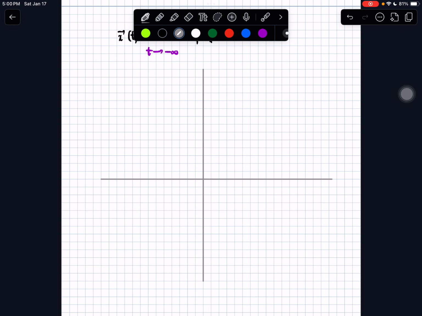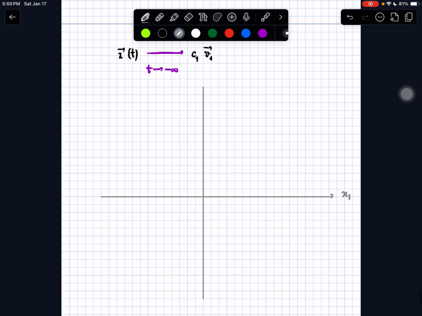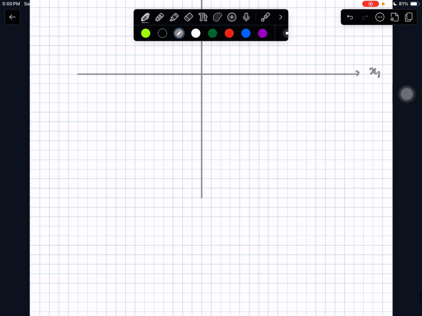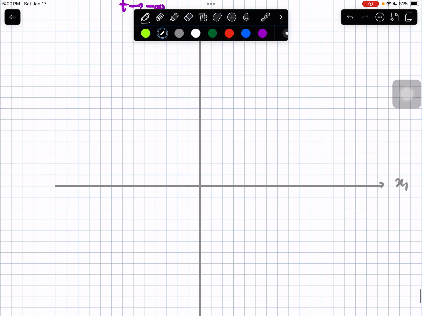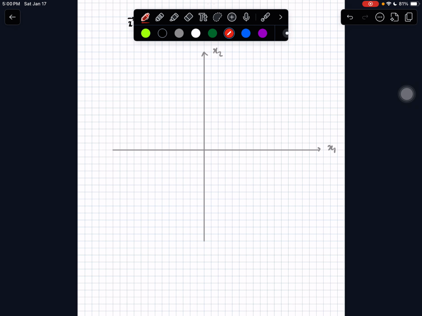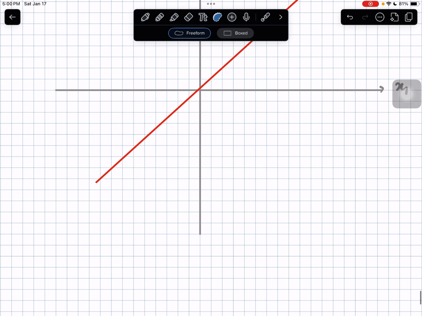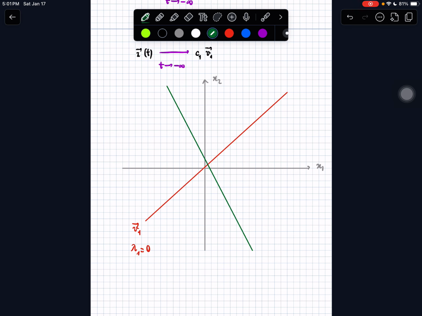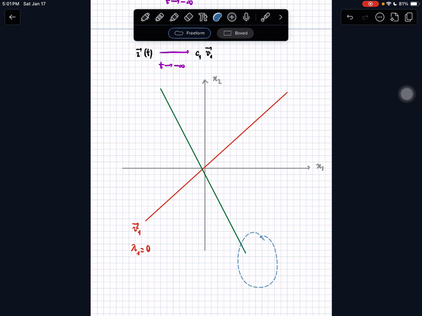the general picture. Now x1, x2, v1, v2. Assume that here I have v1 like that. It gives us this line. Say v1 here corresponds to lambda 1 is 0. v2, the other line, corresponds to this line.